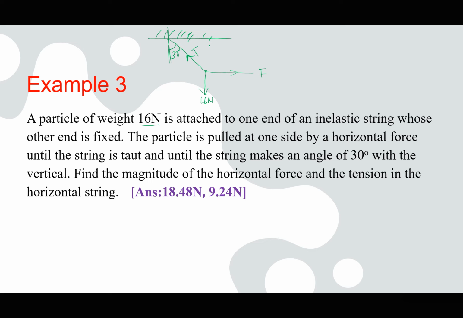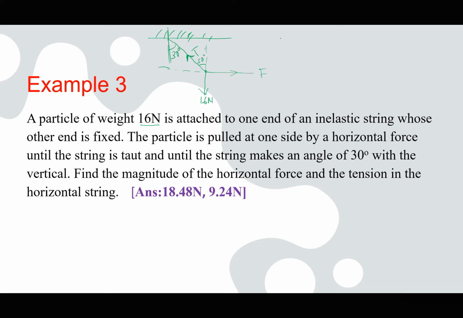Find the magnitude of the horizontal force. Since they have given us a force in newtons, I'm going to use both methods. I'll use one for resolving and I'll use one for scale. So I'll just extrapolate this, or I draw a vertical line here. So this angle is going to be also 30 degrees.